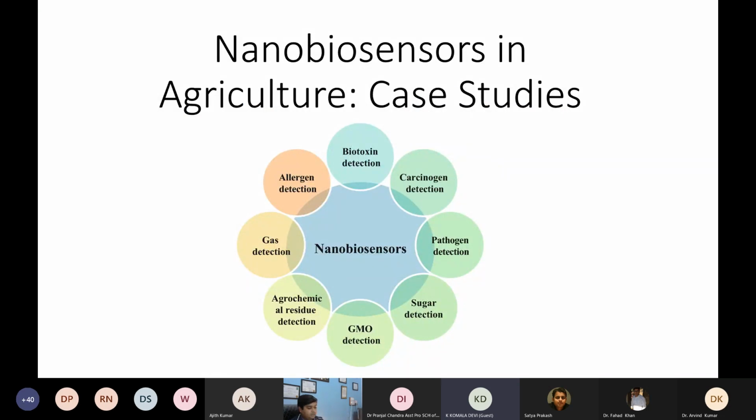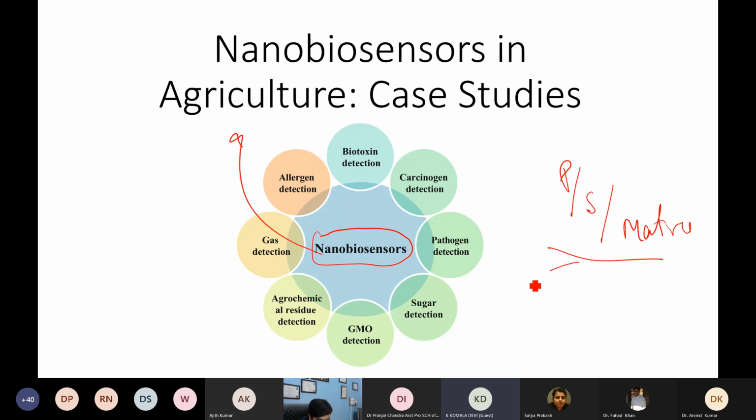Now, in nanobiosensors, we have used a lot of terminologies so far: fabrication, characterization, optimization, real sample, and so on. Now I'll give you a few examples where nanosensors can be utilized directly in agriculture, plant, soil, any matrix.